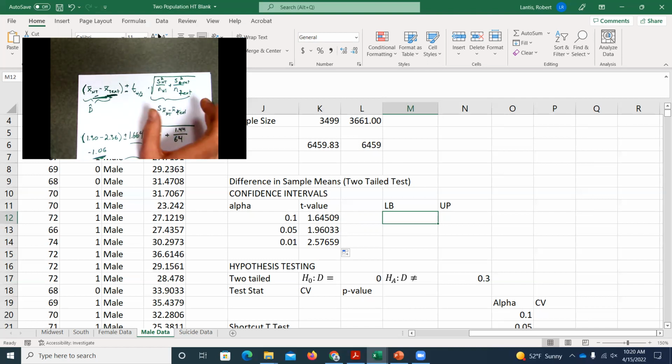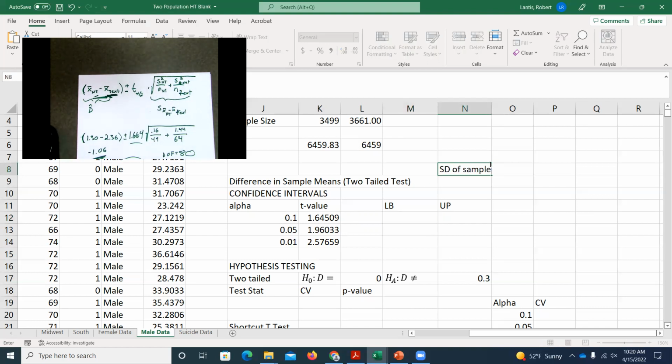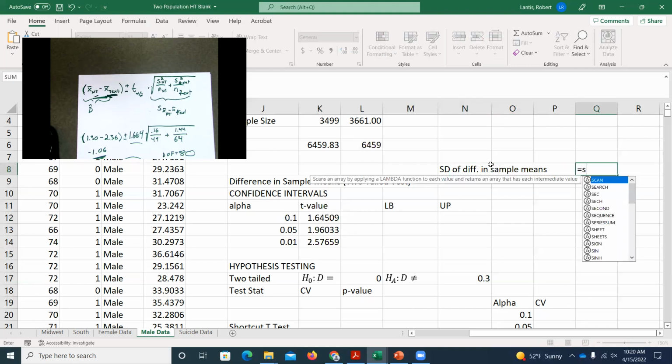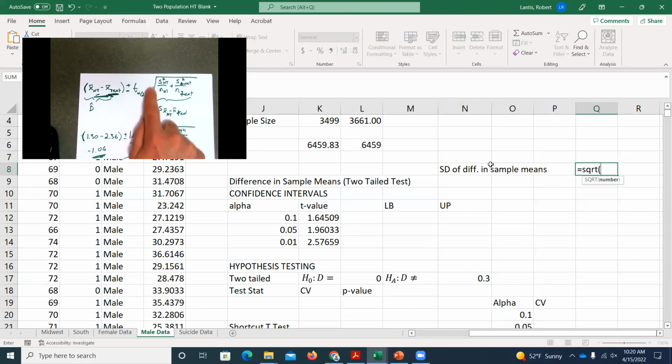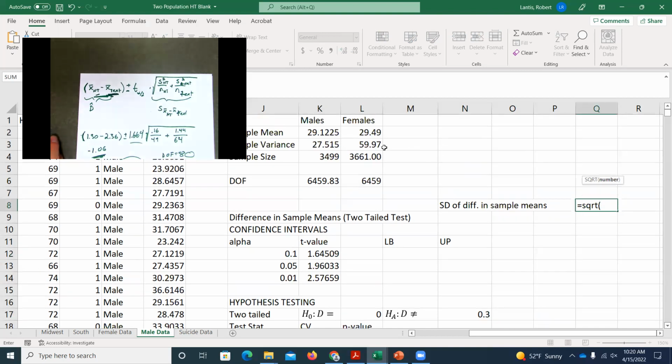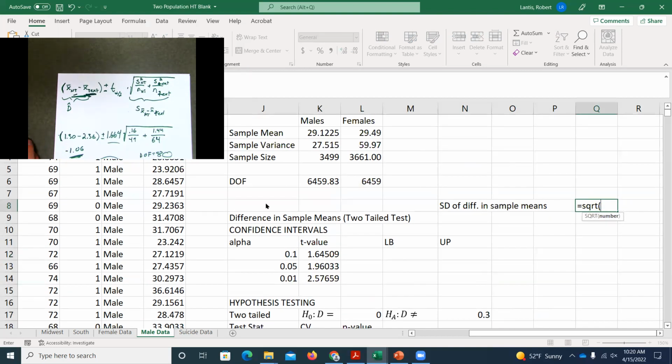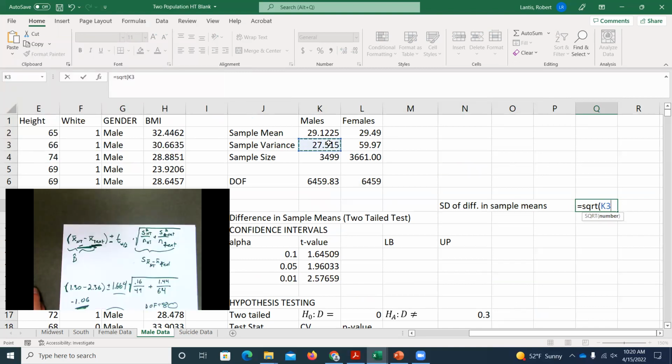Now, I would probably suggest breaking this up into parts. So I'm going to calculate this standard deviation for the difference in sample means in a separate cell. So that's going to be the square root of each group's sample variance divided by its sample size.